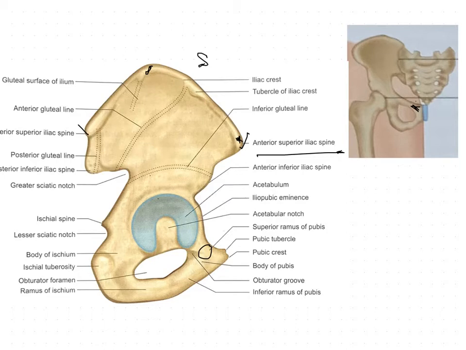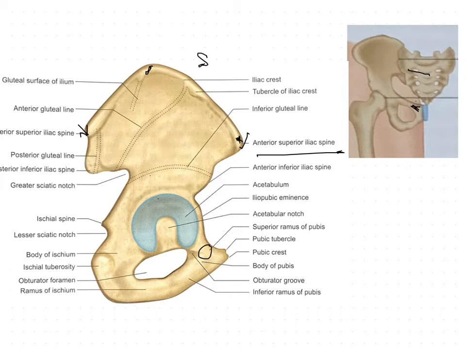And the posterior end of the crest is called the posterior superior iliac spine, and this position on the surface of the body is marked by a dimple 5 centimeters from the second sacral spine. This can be seen on the posterior aspect of the lumbar region, in the lumbosacral region.